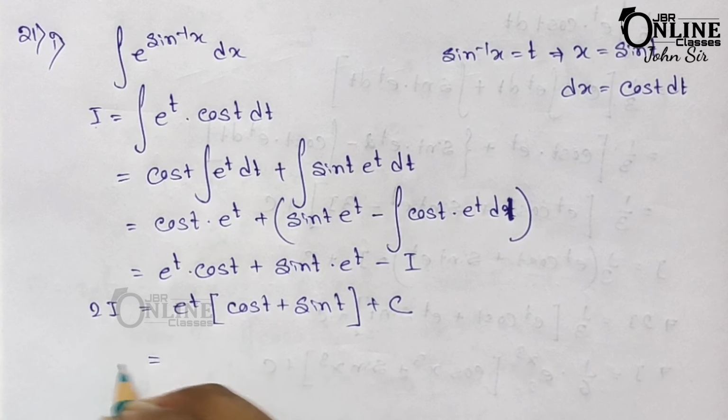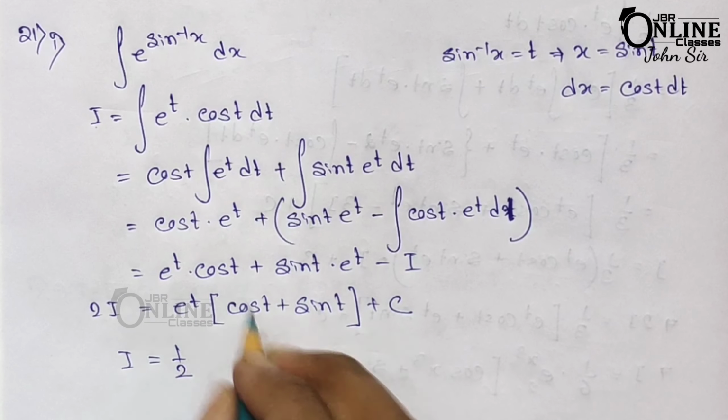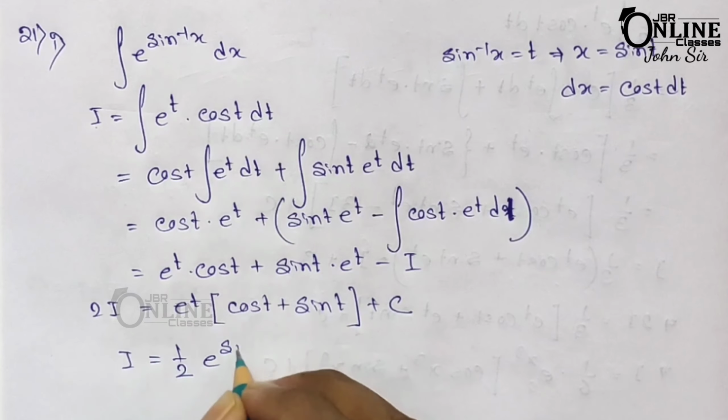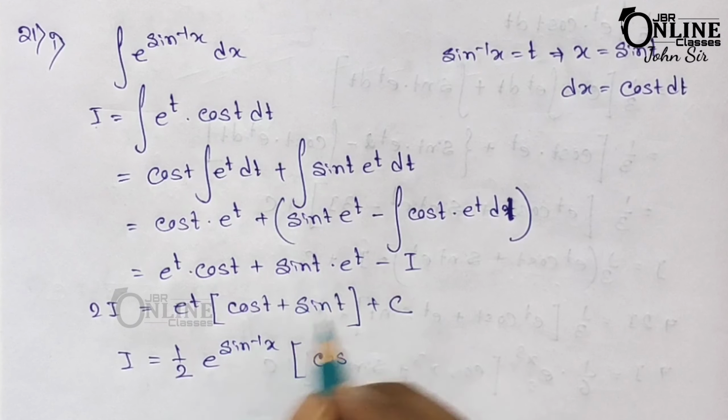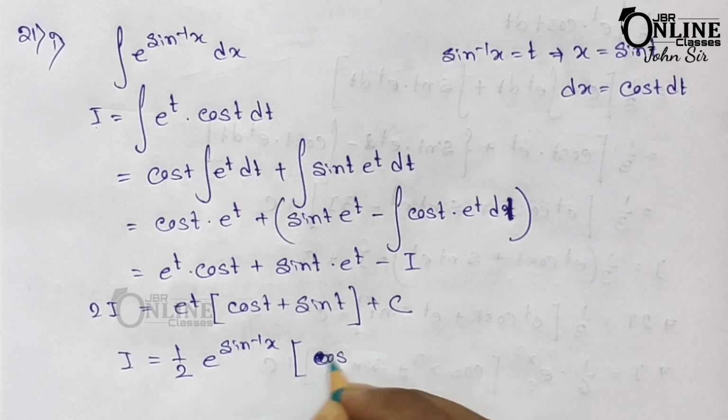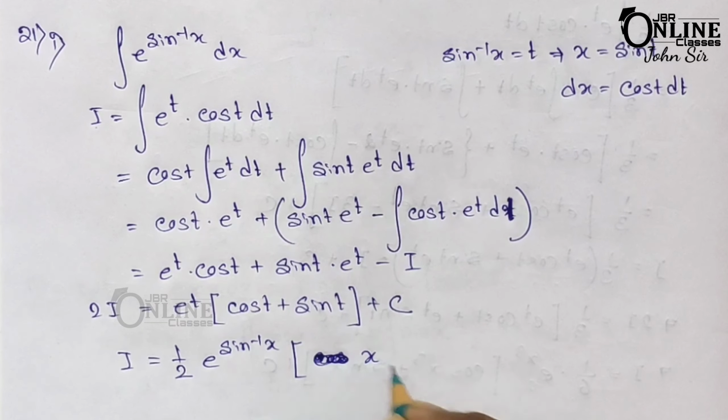So here it will be I equal to half, then e to the power t means e to the power sin inverse x. So cos t, that means cos. Here sin t equal to x, so for this one it will be x.